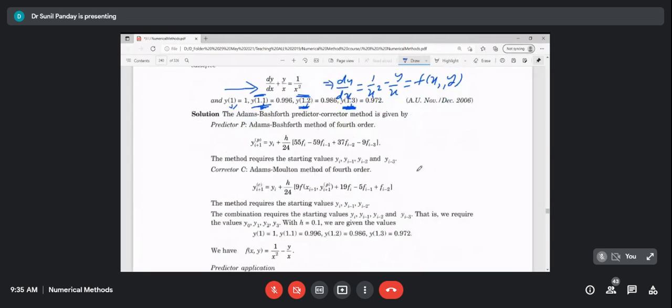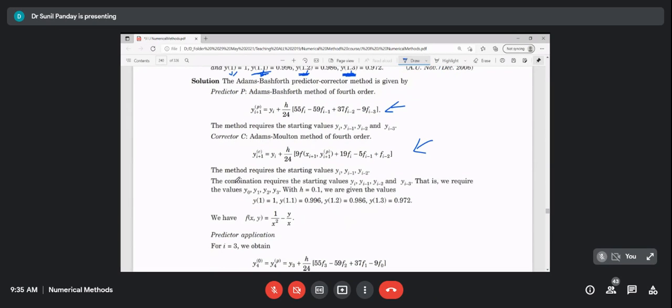So here, the formula for the Adams-Bashforth predictor is this one, and the Adams-Moulton corrector is this one. The combination requires these starting values.